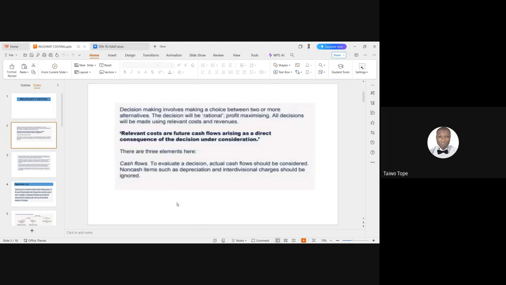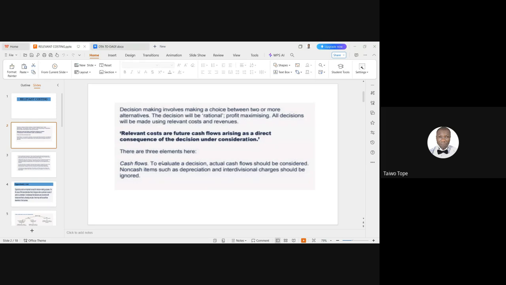Relevant costs are future cash flows. They are future cash flows that arise as a direct result or consequence of a decision. Now, you might have an establishment and you've incurred some cost over time, on buildings and machineries.